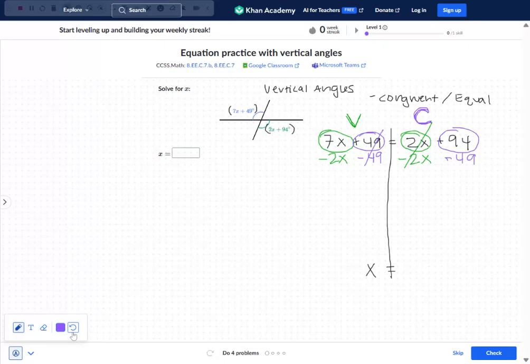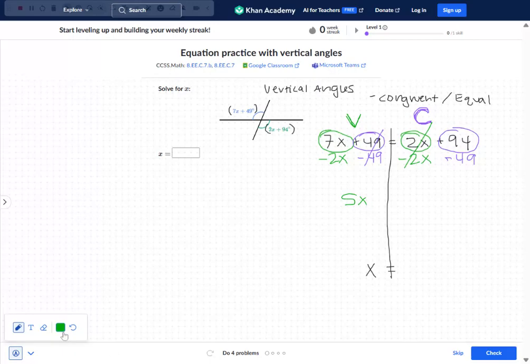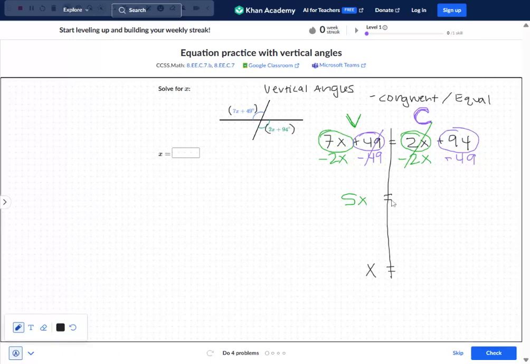Let's clean this up. We'll have 7x minus 2x is 5x equals, and let's check, 94 minus 49 is going to be 45.